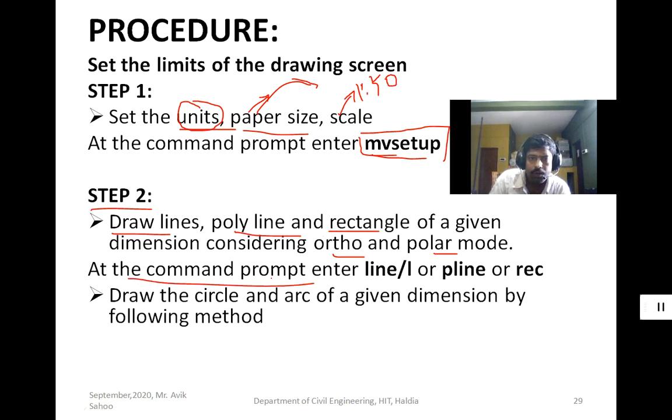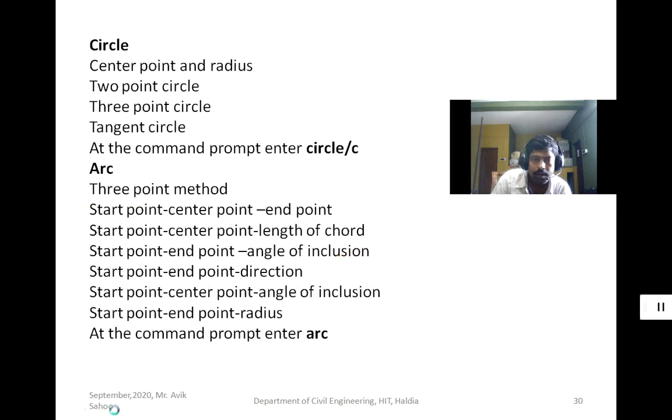At the command prompt, enter line; the shortcut key is L. Again polyline, poly means many lines. So you type PLINE, or for rectangle the command is REC, and draw the circle and arc of a given dimension by the following methods. Next you can draw the circle.